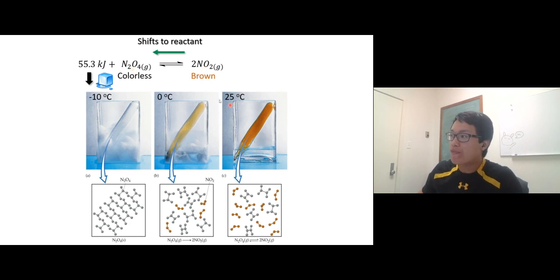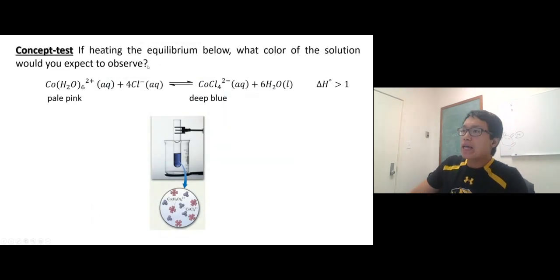But if you heat it up, so at 25 degrees, at room temperature, and when you have a lot of heat, we add more heat into this reaction. Too much reactant, shift to the right, make more NO2. You see brown in color. See that? That's the whole point of the energy and equilibrium. Heat and equilibrium.